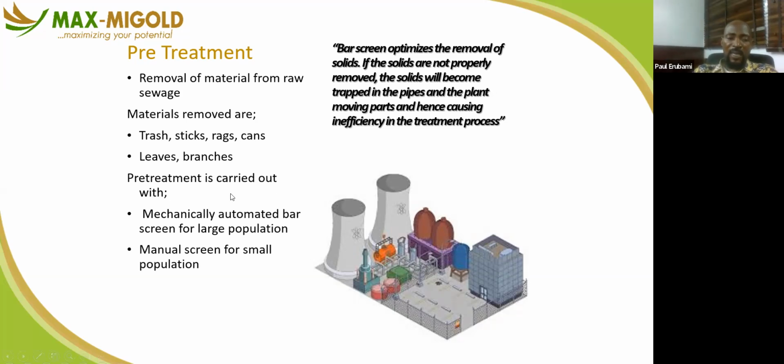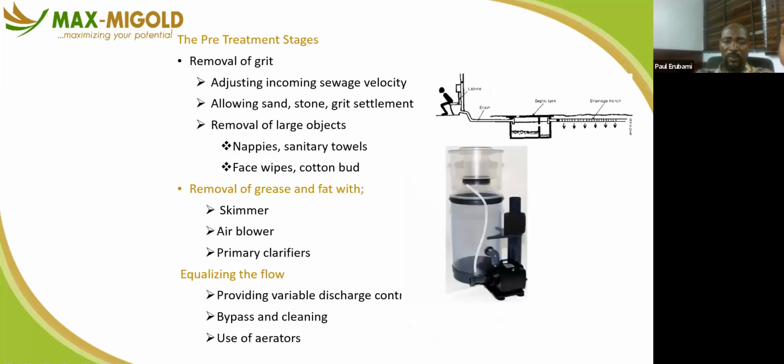The pre-treatment is carried out with a mechanical automated bar screen for large populations, and a manual screen for small populations. So every sewage plant has a screen. Once this waste comes out, the screen prevents all the foreign material from having access into the major treatment. That is the first stage of the treatment.